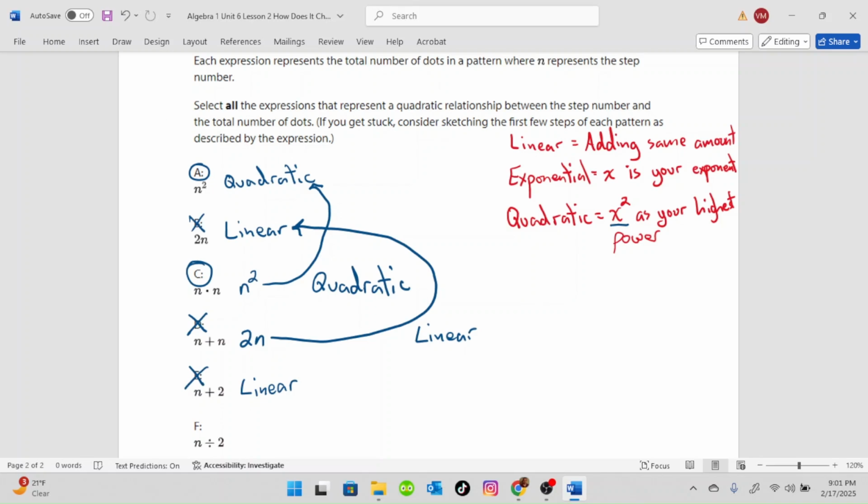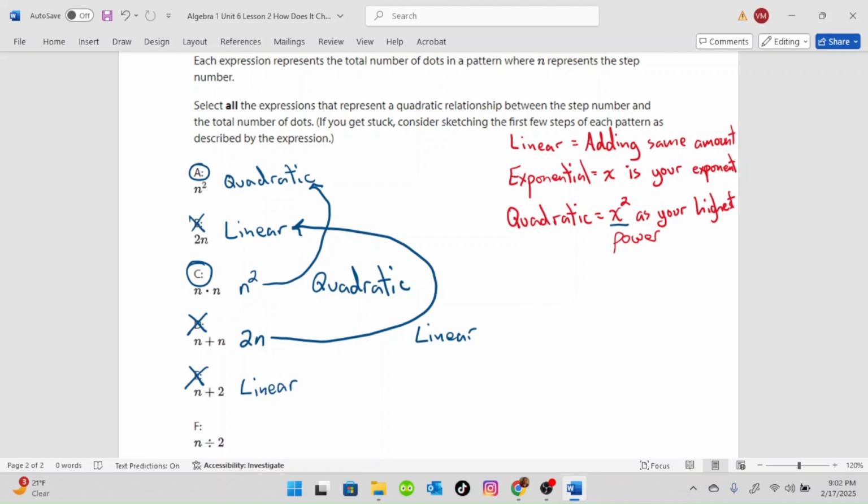And the final one is F. We have n divided by 2. So what's going to happen is every time I increase n by 1, that 1 increase is going to be divided by 2. So I'm actually going to be increasing by 1/2 every time.